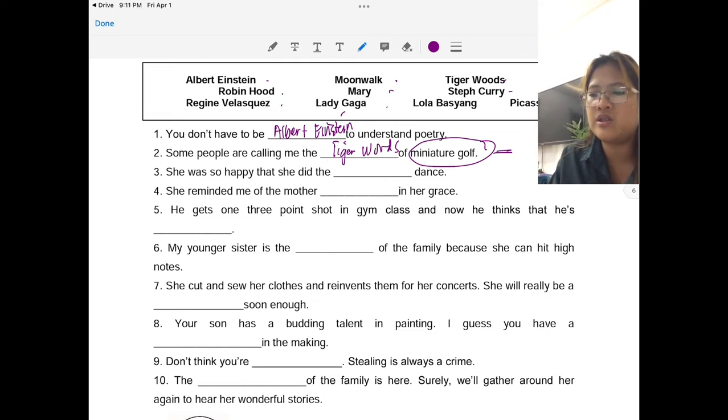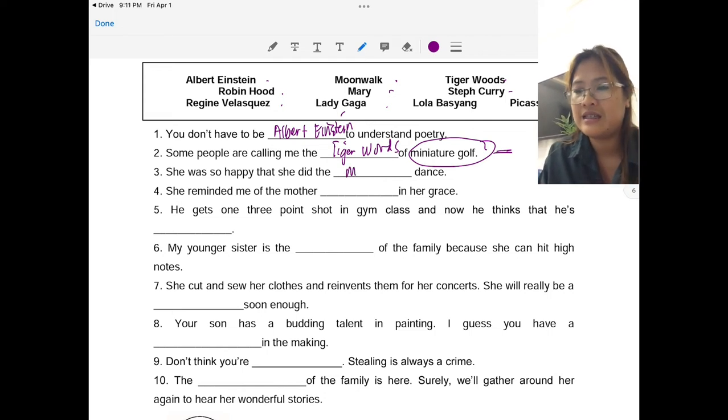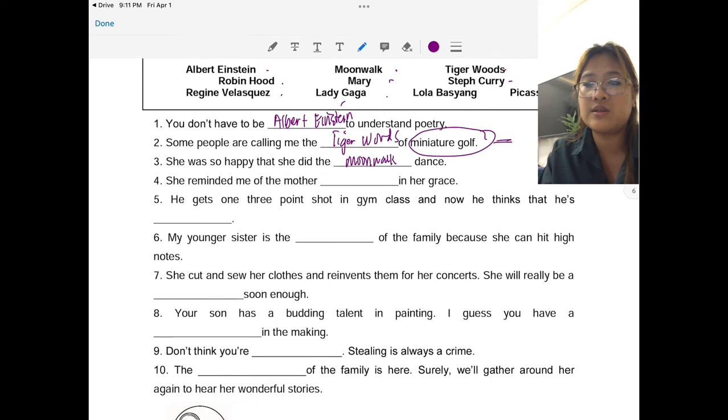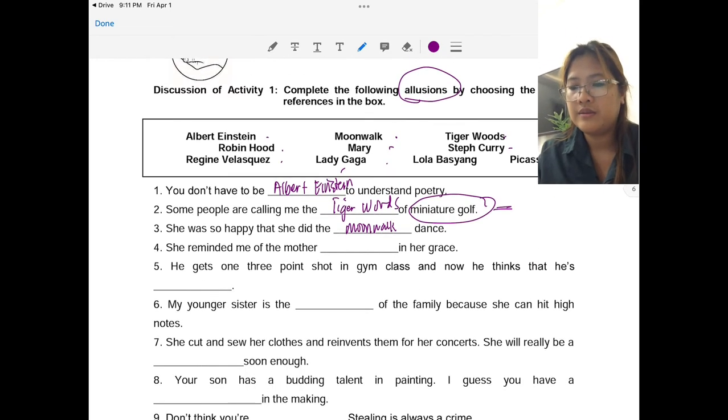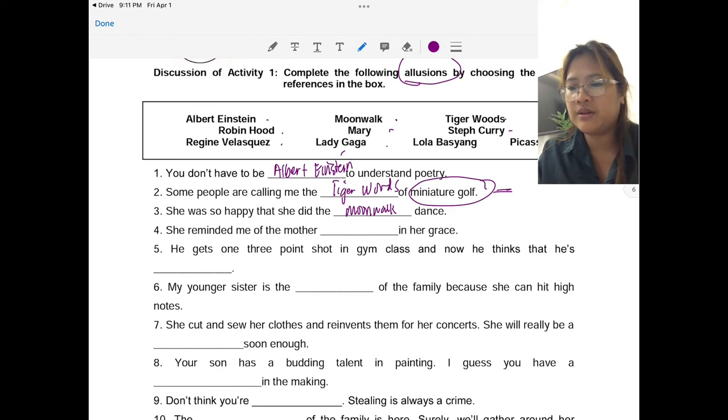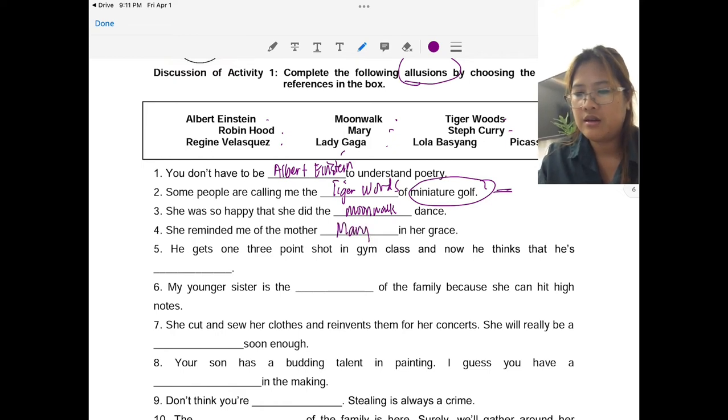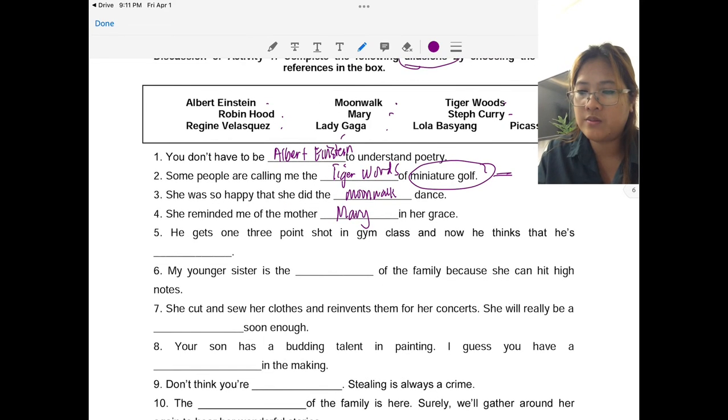"She was so happy that she did the blank dance." Moonwalk dance. We know that that's from Michael Jackson, I believe. "She reminded me of the mother in her grace." Mother Mary, I suppose.